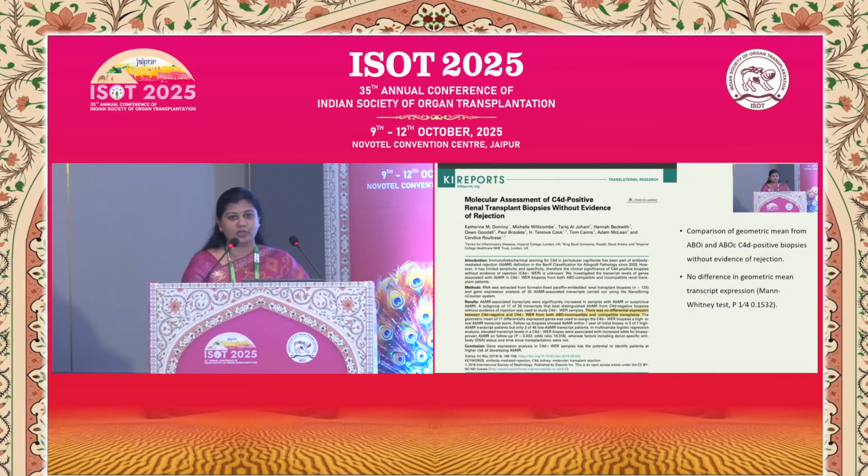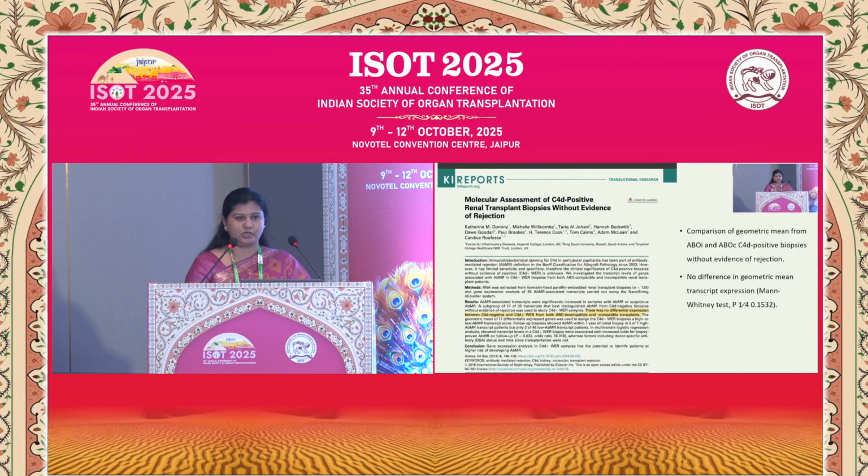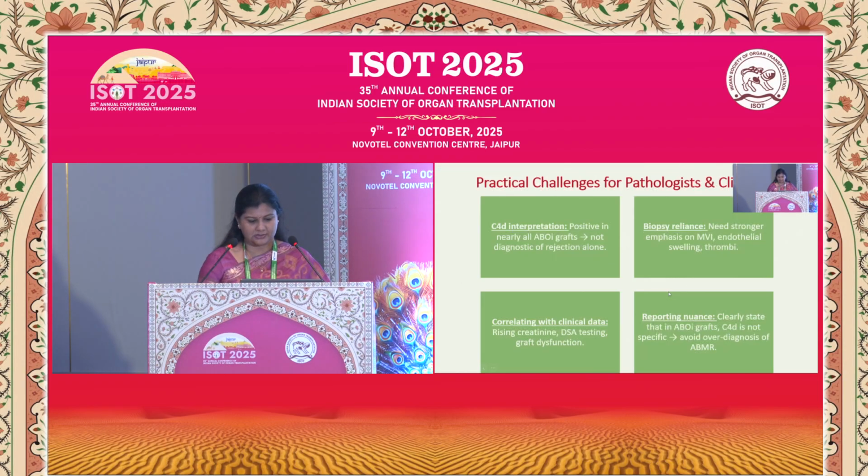All these molecular transcripts are currently under study only. They are being validated, and a lot of studies are going on recently. But this study from KI compared the C4D positive and negative cases in ABO compatible and incompatible patients, but they did not find anything significant.